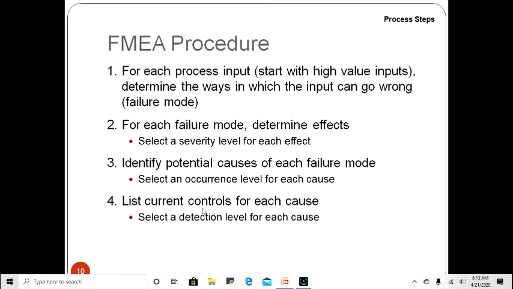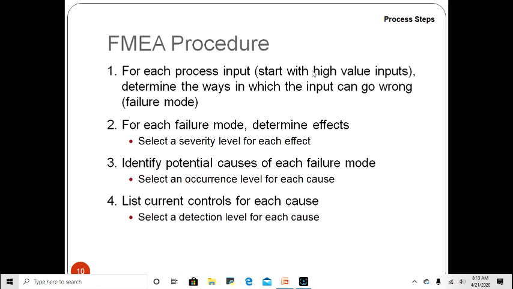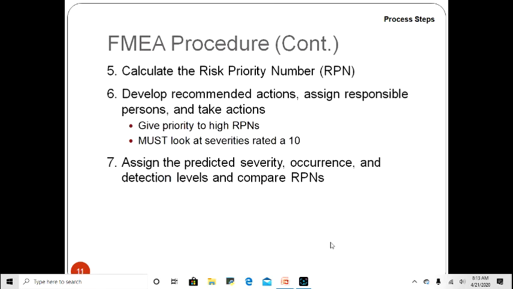Okay, so you're listing out the causes which have caused this failure, and then you are trying to control the causes. Calculate risk priority number. There is a small calculation for RPN, that is severity into detection into the occurrence. So that will give you the RPN. That will come later in the same session.